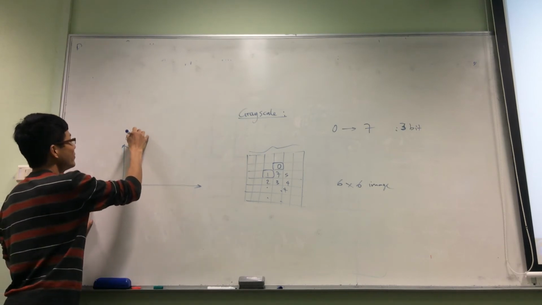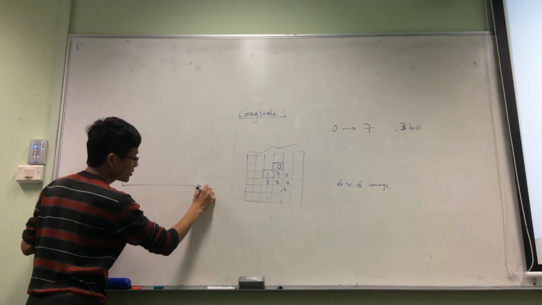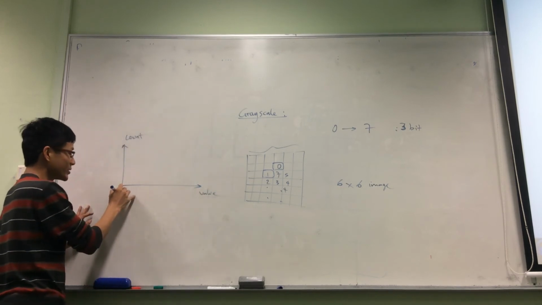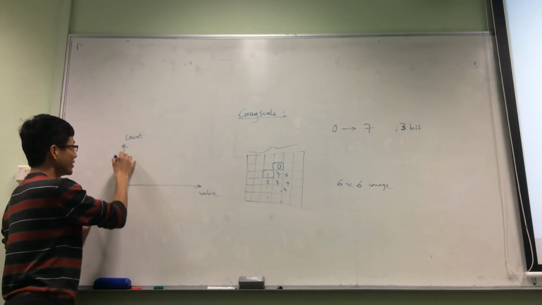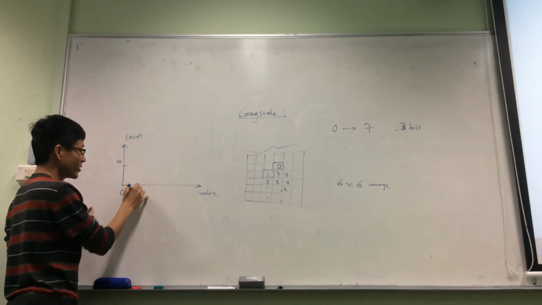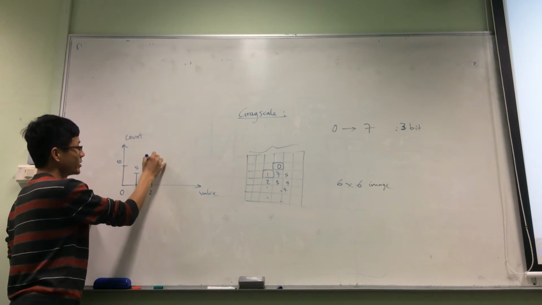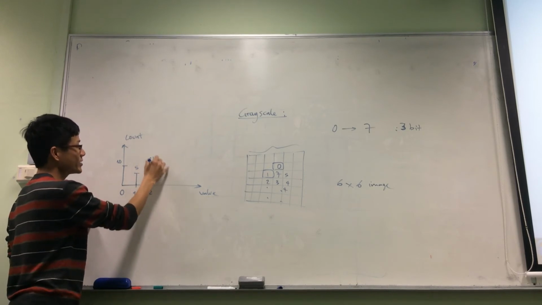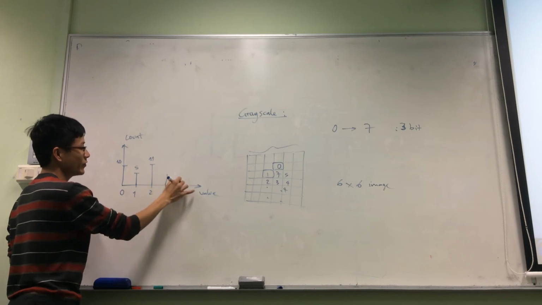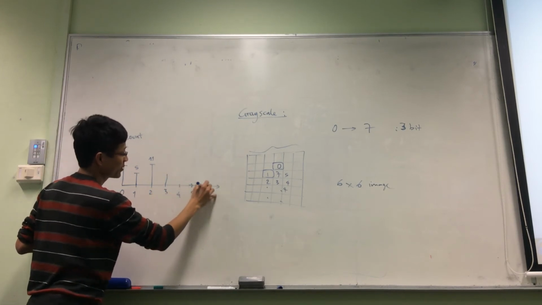This axis is how many pixels, the count. This axis is the values that you got. Let's say there are 10 pixels at 0, 5 at 1, 11 at 2, and 3 has something, 4 has something, 5 has something, 6 has something.